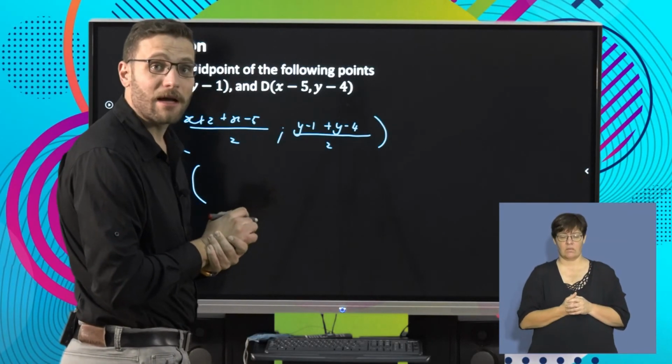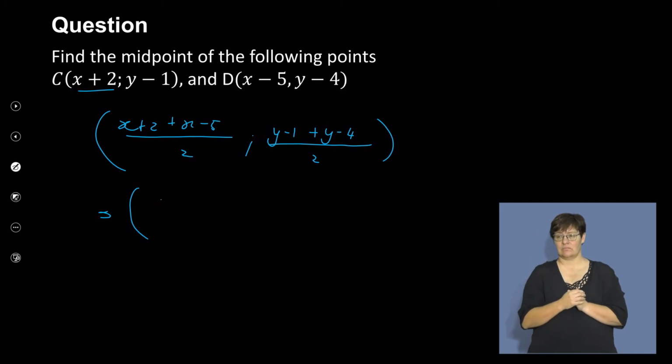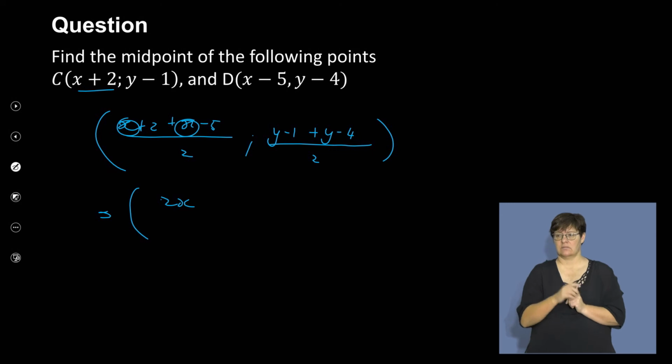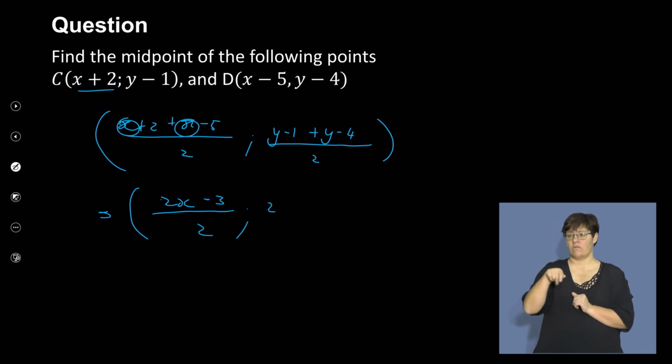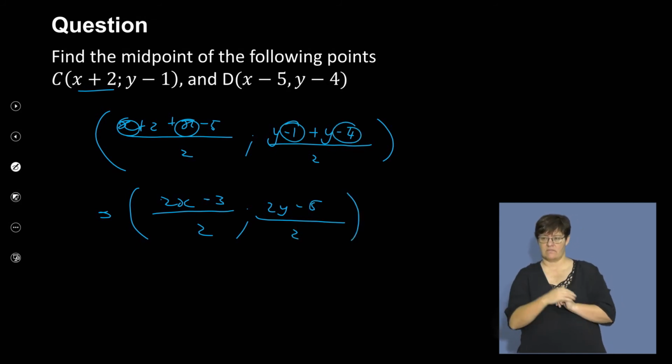I can't do this on my calculator, so I'll have to go x plus x is 2x, 2 minus 5 is minus 3, and I'm going to divide that by 2. Here I'm going to get y plus y is 2y, minus 1 minus 4 is minus 5, and I'm going to divide that by 2.